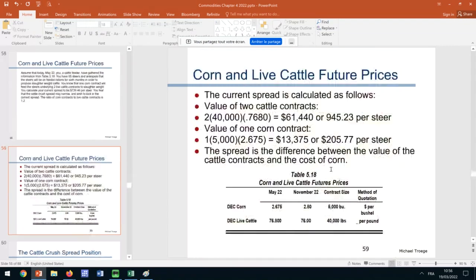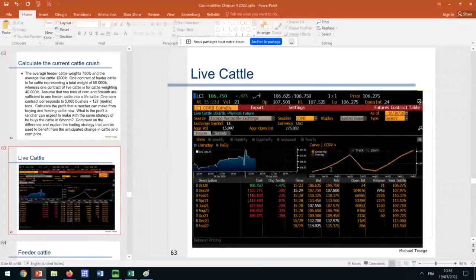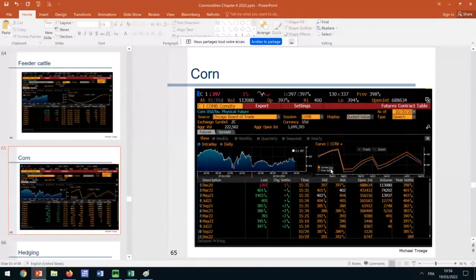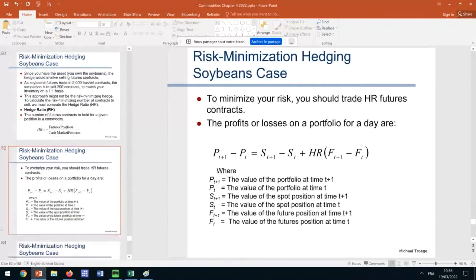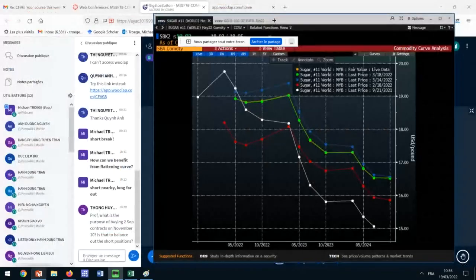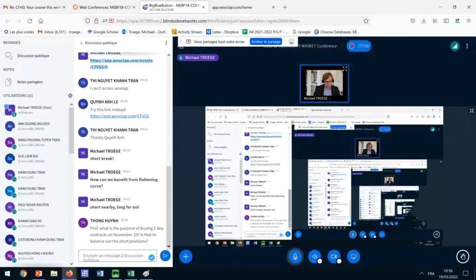So tomorrow we try to look at whether we can make money at the moment with the cattle spread. And then we move on to the last topic we still haven't covered, which is how do we invest in commodities.